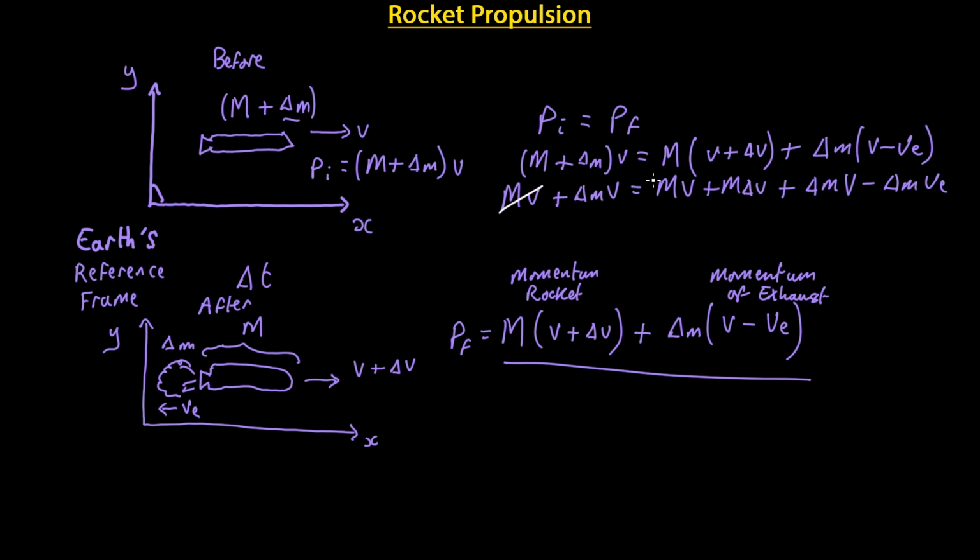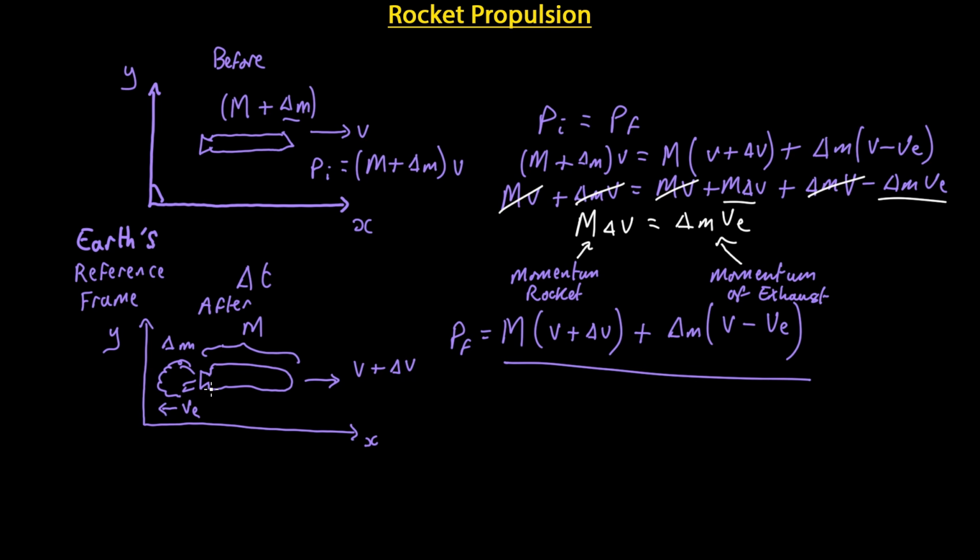So this term here can cancel, this term can cancel, and we're left with these two terms here. So we've got the mass of the rocket, delta V, is equal to the mass of the fuel and the speed of the exhaust. And the linear momentum is conserved within this closed system.